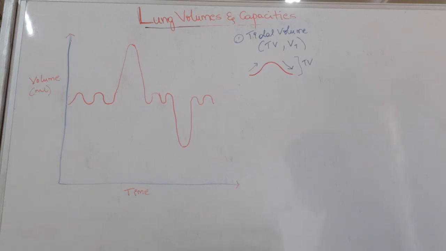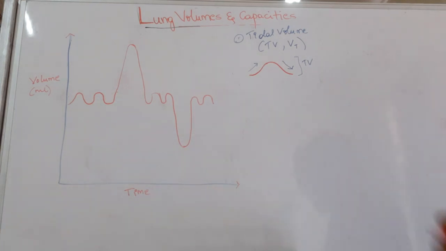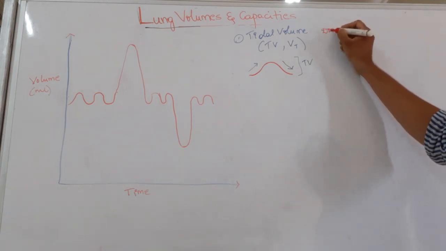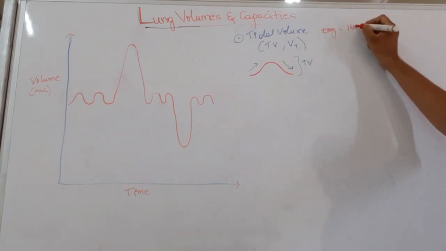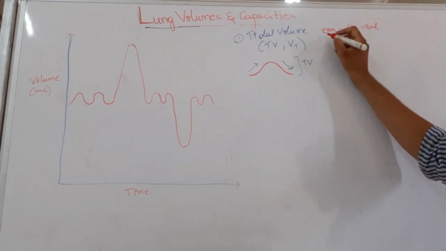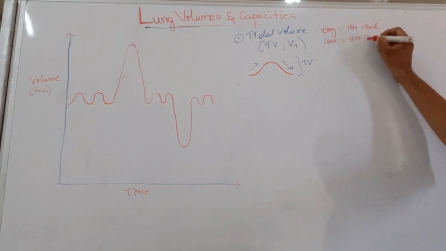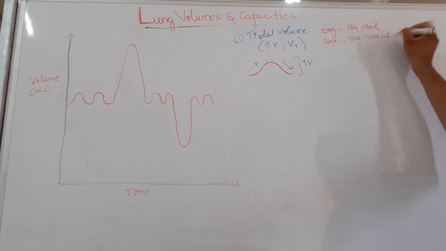The volume of the air is described for different species. For example, in case of dog, it is said to be around 144 to 150 ml. In the cow, it is given as 3100 to 3800 ml.